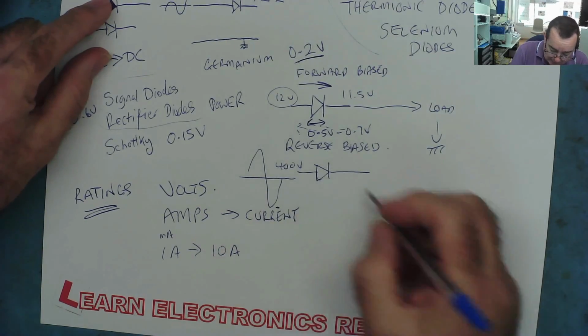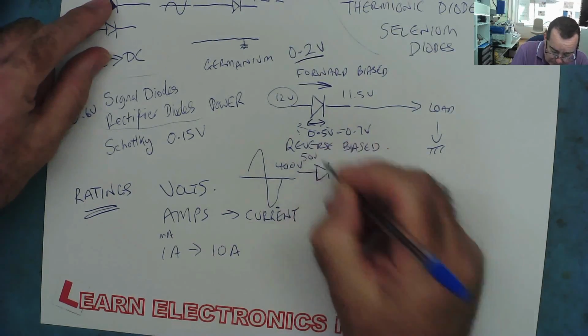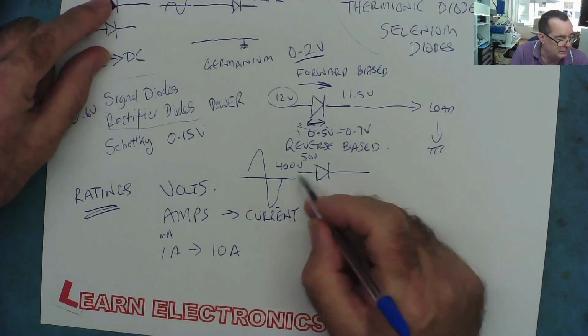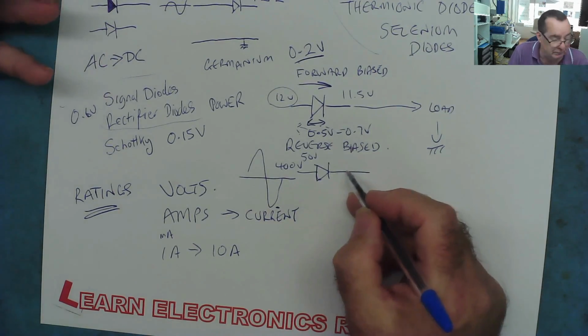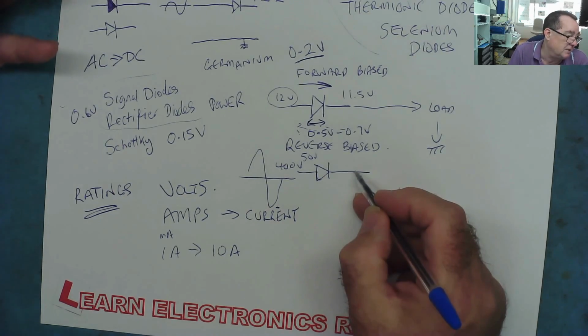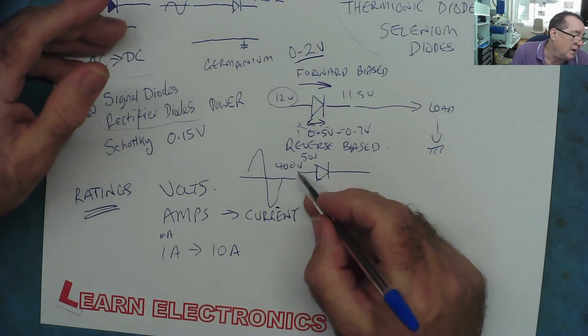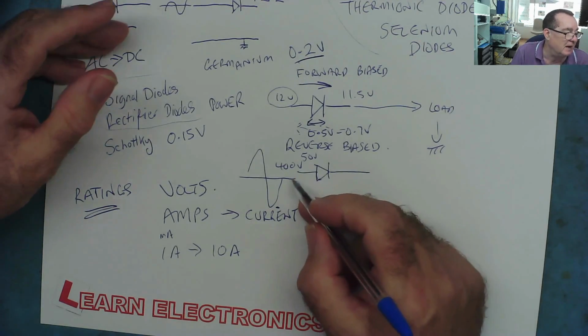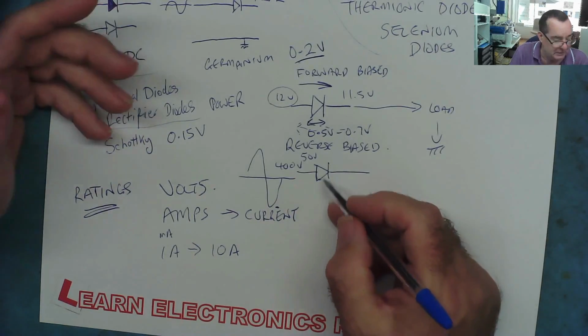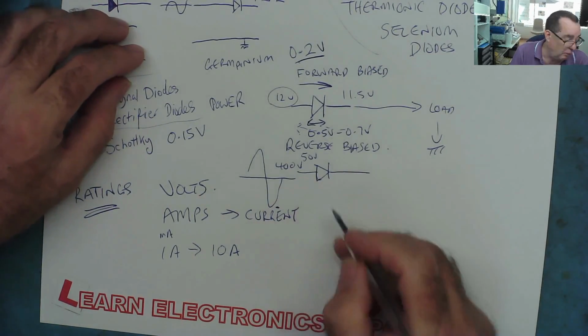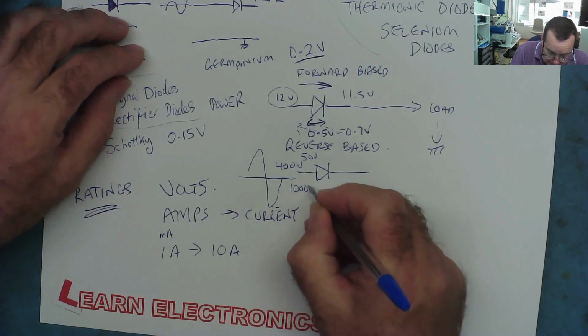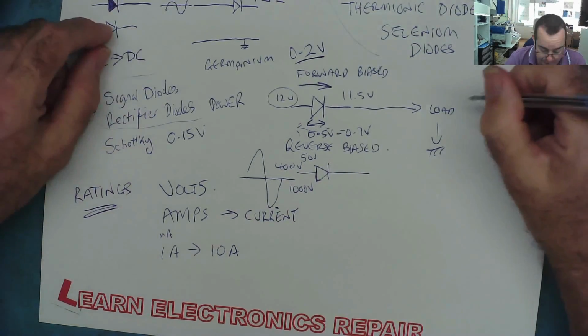If you have a 50 volt diode, it will still only drop 0.6 of a volt forwards, or 0.15 for a Schottky diode, but you can apply up to 50 volts in the opposite direction before you'll destroy the device. If you have a 400 volt diode, it's 400. A 1000 volt device, up to 1000 volts.